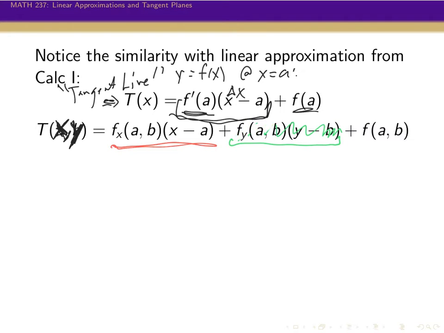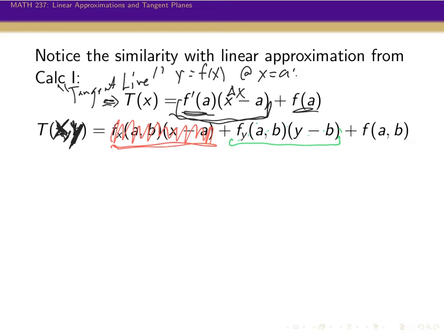Similarly, if we were to fix x to be equal to a, well then we'd have a minus a, and this term would disappear, would zero out. And so what we'd be left with is what looks like the equation for a tangent line. And in fact, that's the equation for the tangent line.